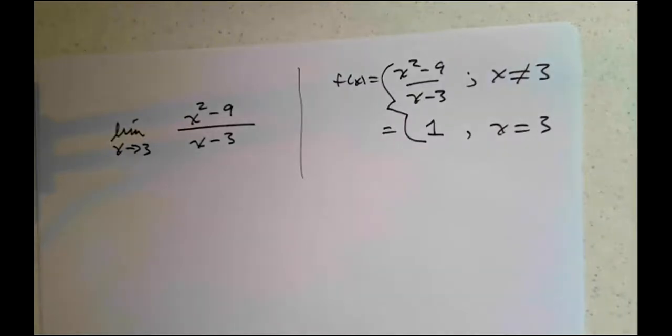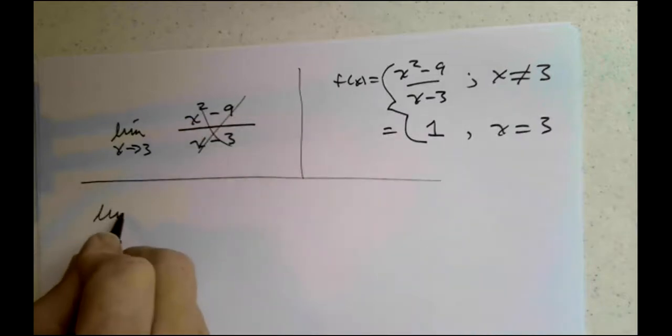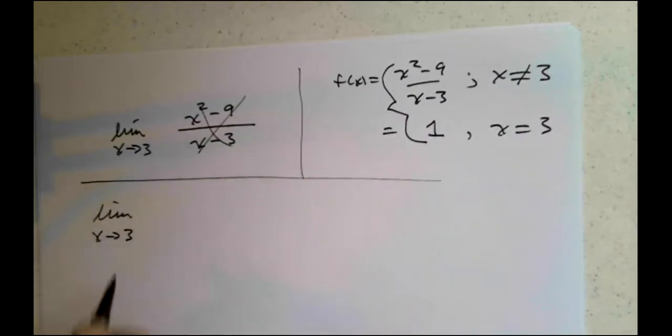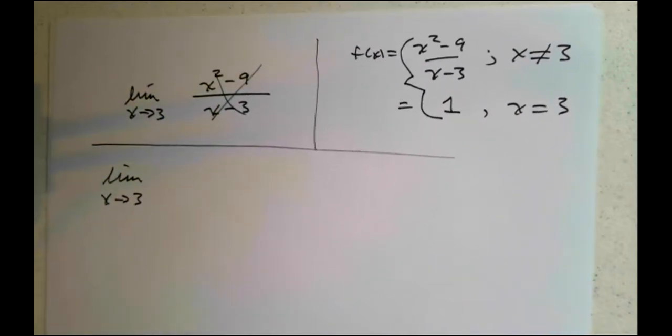So let's take a look at that graph. So small change on that. So we'll scratch that. We'll take a look at the limit as x approaches 3. And let's look at our graph. What does that look like? What is that telling us? And then we'll pick an epsilon, and then we will find a corresponding delta.